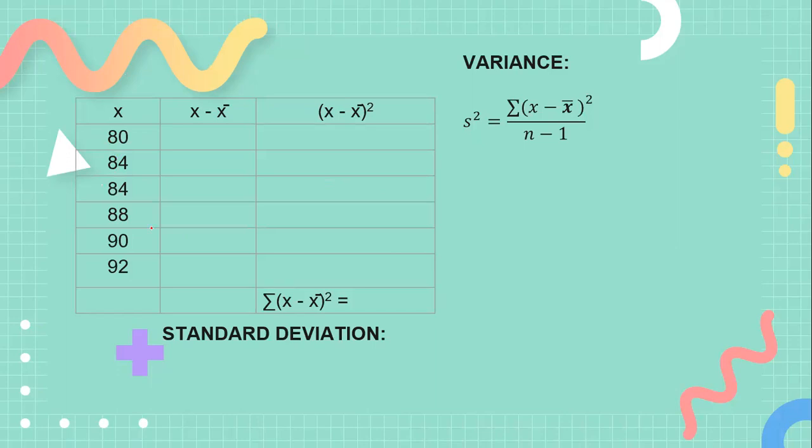Let's solve for x minus mean. What is our mean, class? It's 86.33.